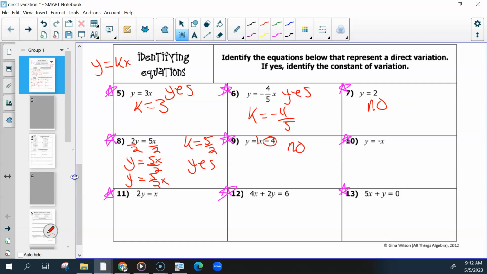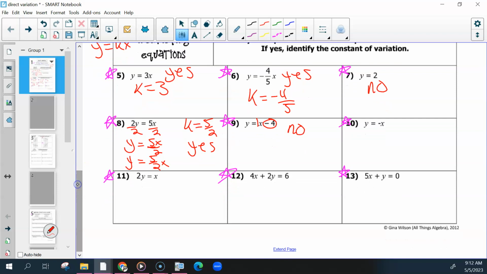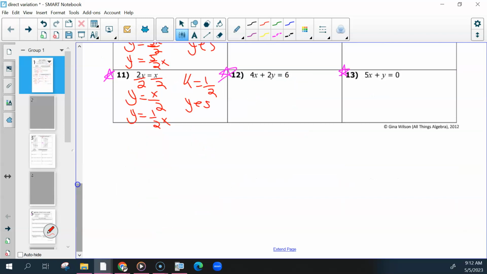Skipping to 11. If I solve for this, divided both sides by 2, is this direct? Yes, because we can rewrite it as 1/2 x. 12 we would have to solve. Get rid of your x term.